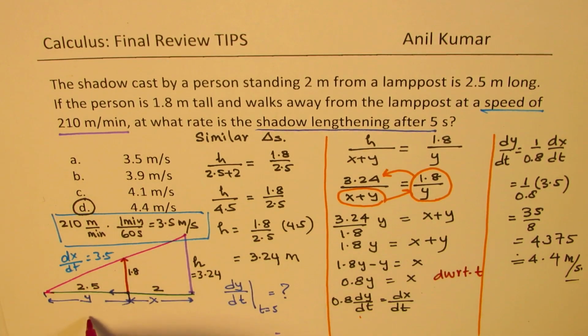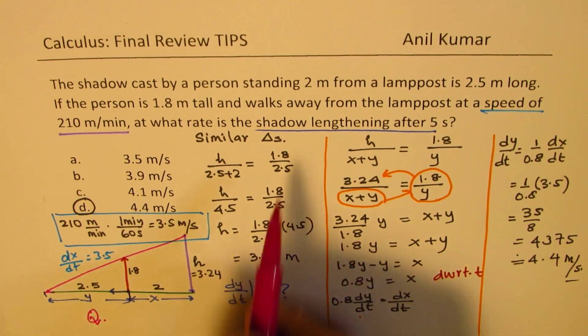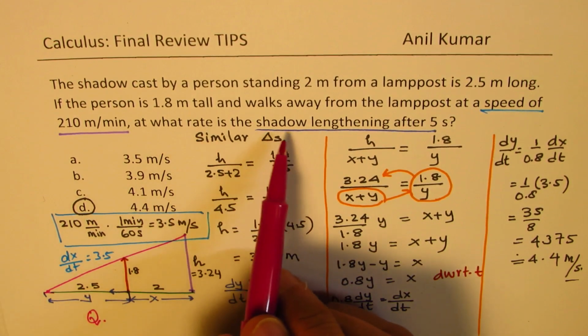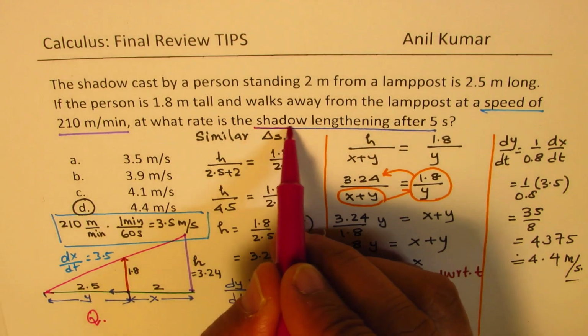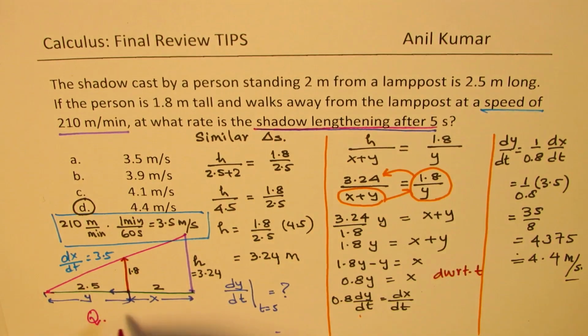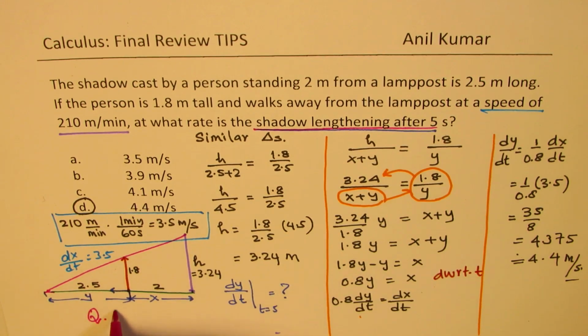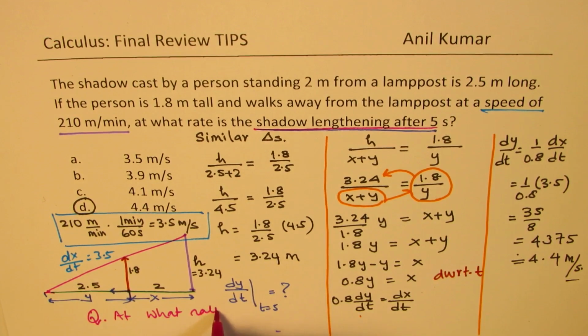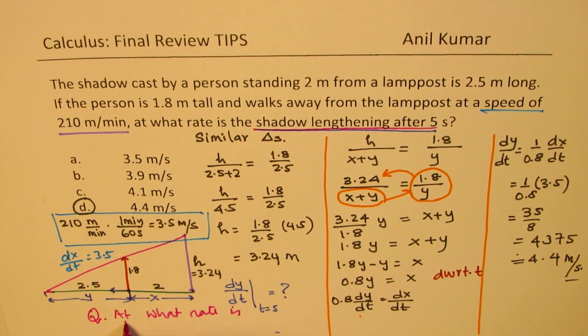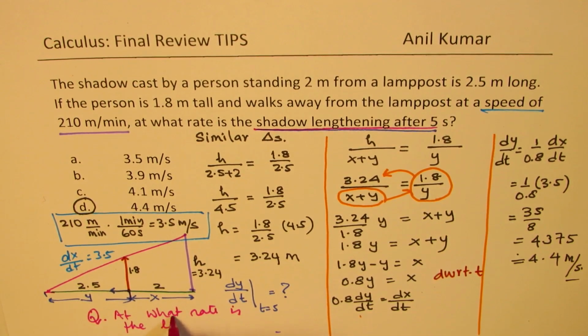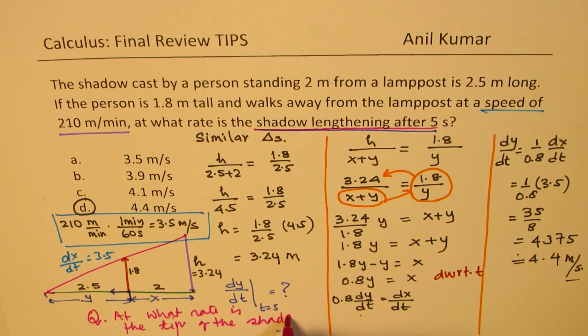Now here is a related question for you. In this question, we are asking at what rate is shadow lengthening, right? Now my question is, for the same question, part 2, at what rate is the tip of the shadow changing?